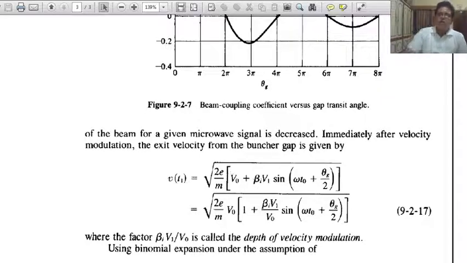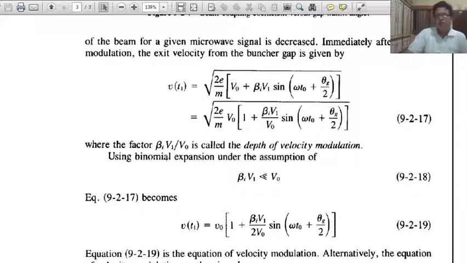We know that if the microwave signal is not applied, then the velocity is only equal to this portion. So this is the extra term due to the microwave signal. This is the additional velocity gained by the electrons, where the factor beta I V1 upon V0 is known as the depth of velocity modulation.